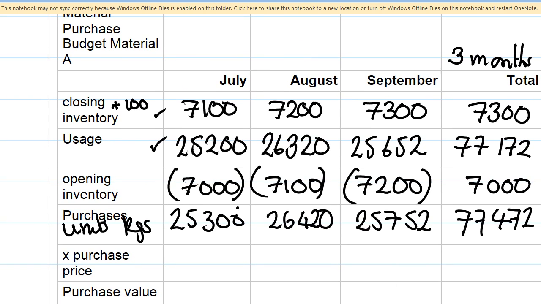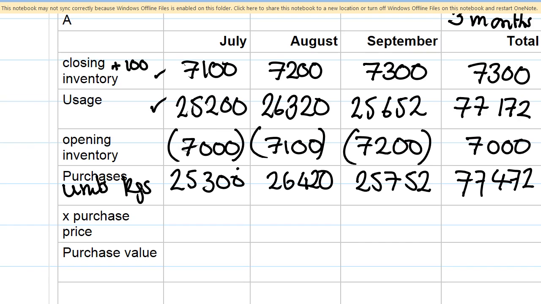The question gave me a purchase price, and the purchase price was £9 per kilo.